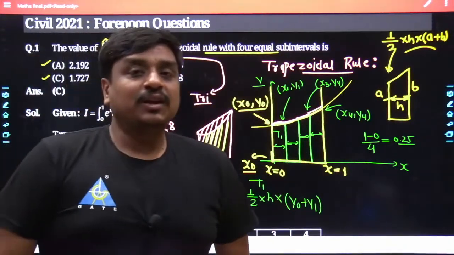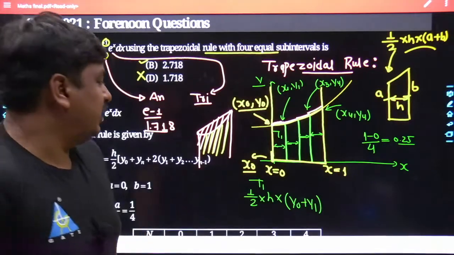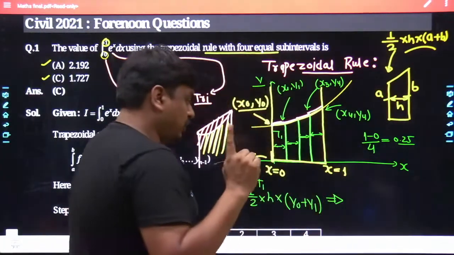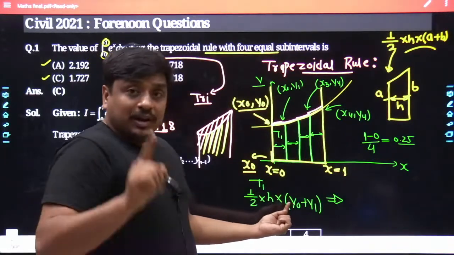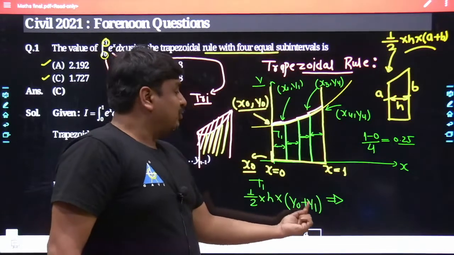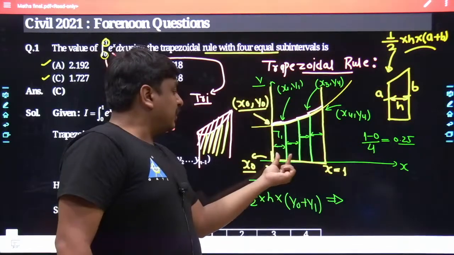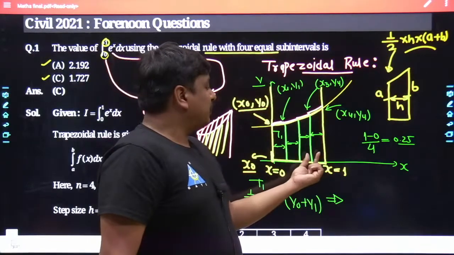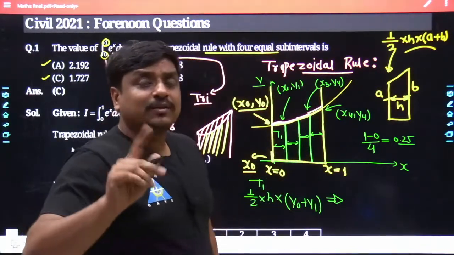And at the end of the day, the formula we get, once we add all of the areas together, you will get to know y0 has only appeared once, with the first strip. Similarly, y1 has appeared twice, with the first strip as well as the second strip. Similarly, y2 has appeared twice, y3 has appeared twice, and similarly y4 has appeared only once.